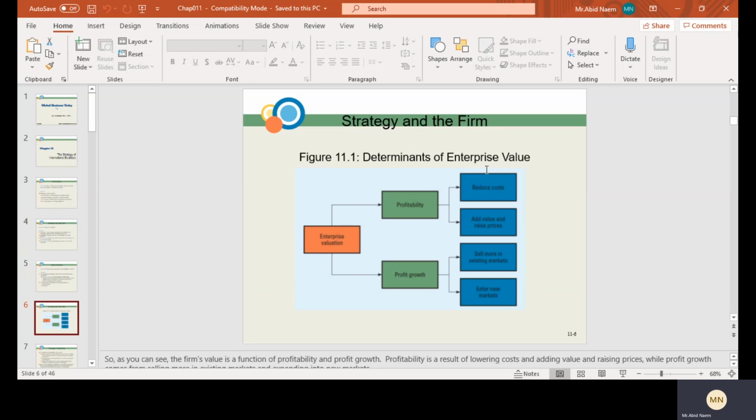That value can be tangible in nature, and sought or unsought value aspects from customers can be collected and included in your product. Whereas profit growth means selling more in existing markets and at the same time trying to enter and capture new markets. These new markets can be within the same country or in a new country as well.